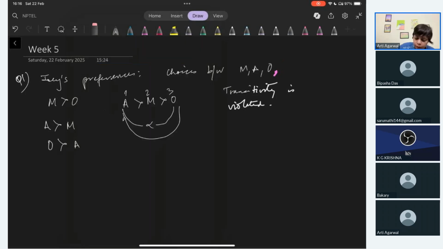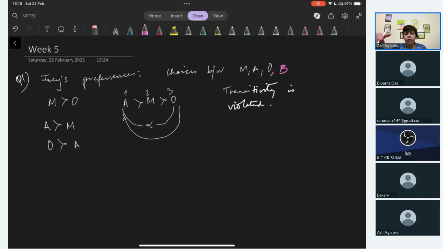Suppose we had another fruit here, banana, in the fruit basket, but no preference is defined for banana, right? We don't know whether Joey likes banana at all or not, or if he hates it, or if he likes it more than something else. We don't know anything about bananas.